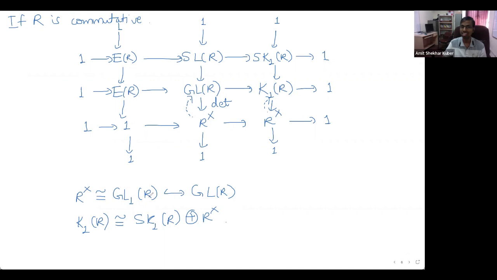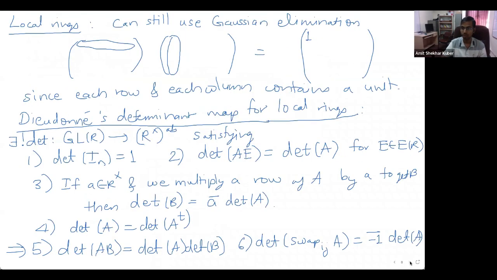R cross is still isomorphic to GL1R and you are still embedding inside GLR, and therefore R cross to GLR, now there is a map which restricts to its abelianization. So therefore we have a map R cross AB to GLR, GLR AB, which is K1.